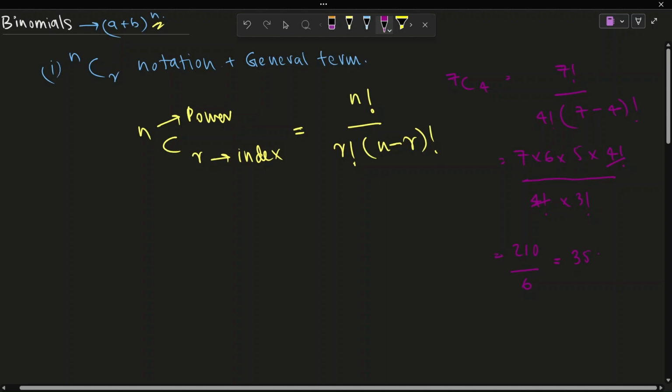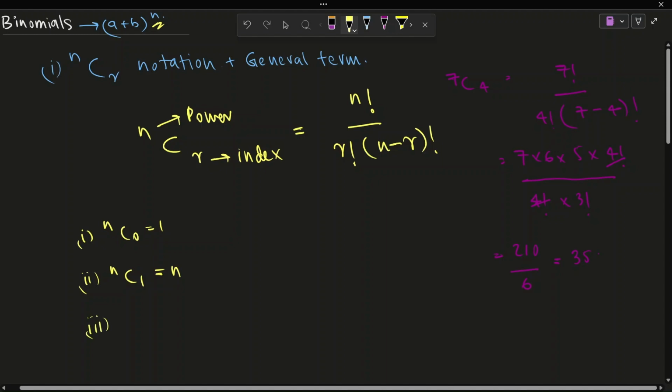Now, to make your life easier, there are a few shortcuts or generalizations you have in the nCr notation. Number 1 is that nC0 is equal to 1, always. Number 2 is that nC1 is always equal to n.